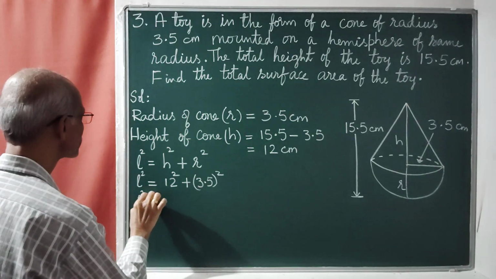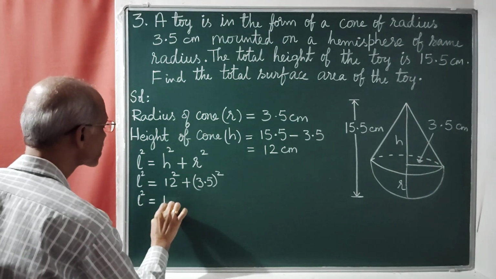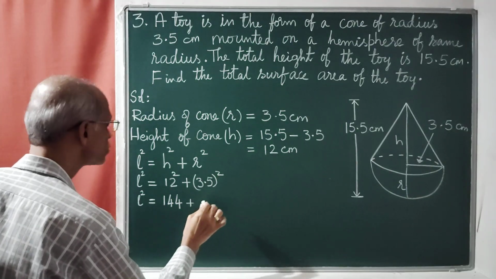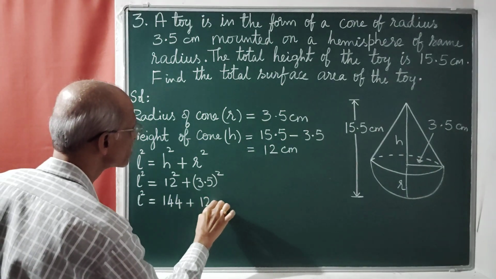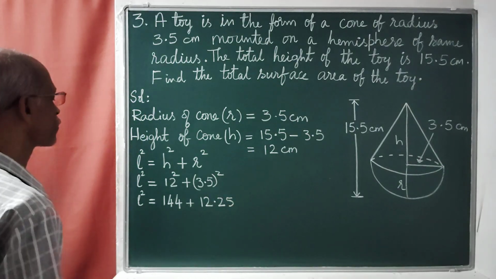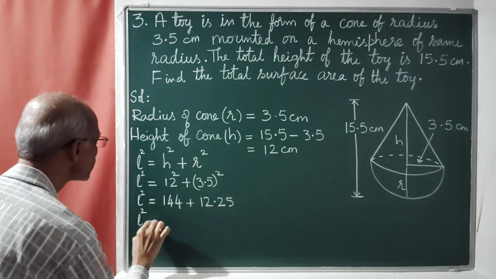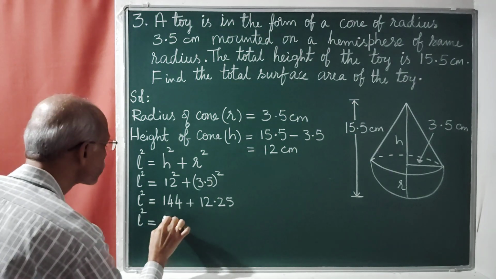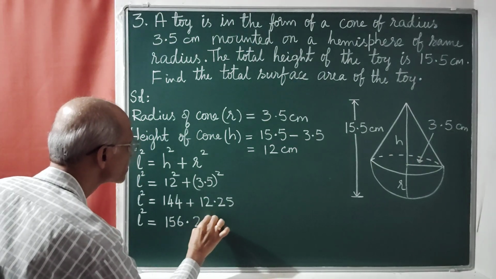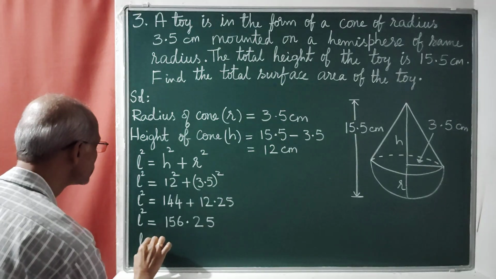So L square is equal to 144 plus 12.25. 3.5 into 3.5 is 12.25. So L square is equal to 156.25.